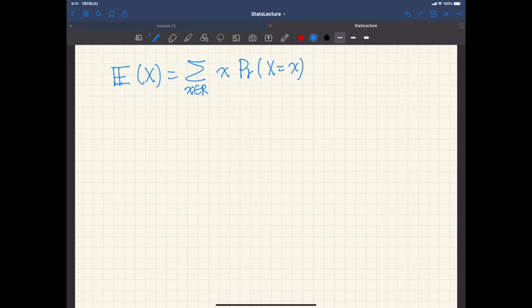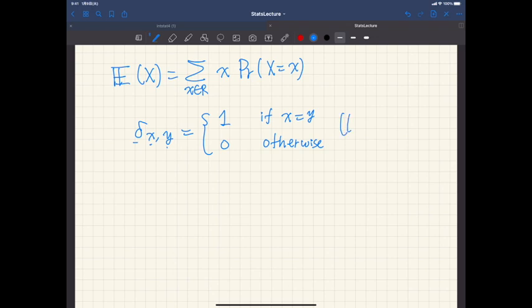Now let's look at this definition from a different angle. To do so, we introduce a little function called Kronecker's delta. This is defined as: delta of x and y is equal to 1 if x is equal to y, otherwise it's 0.